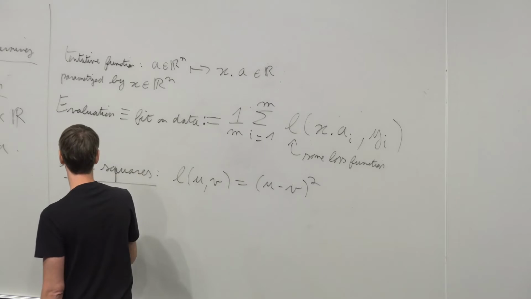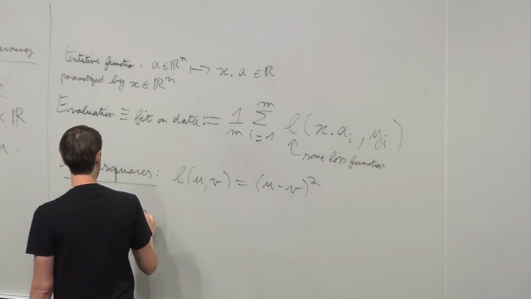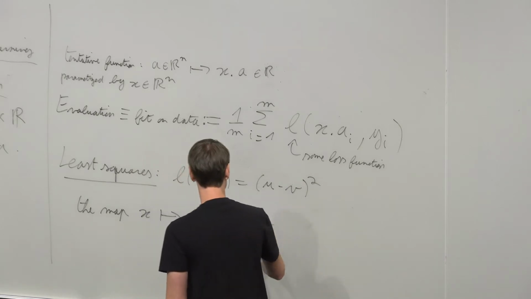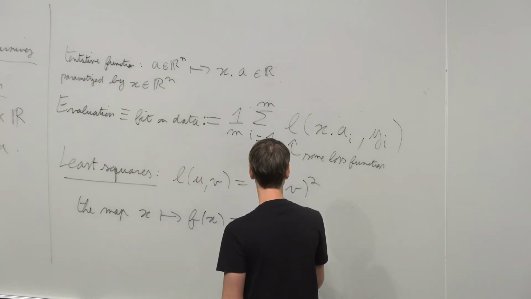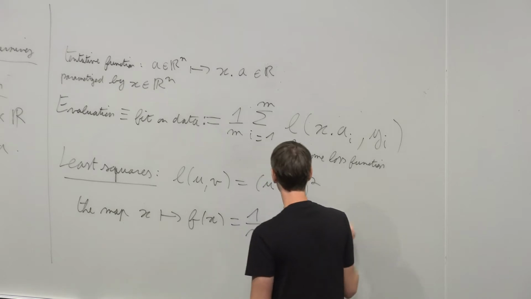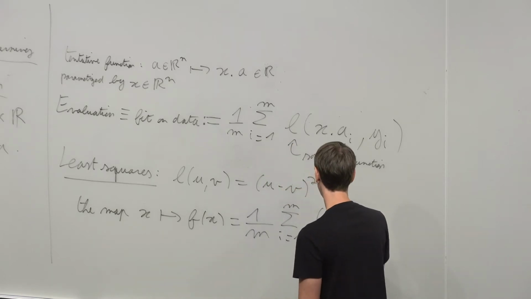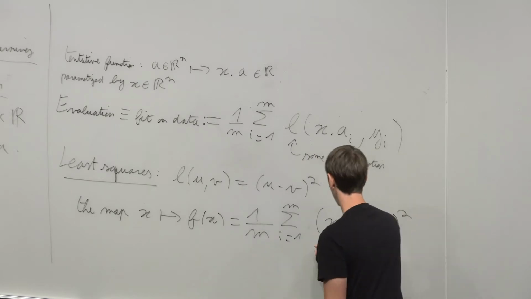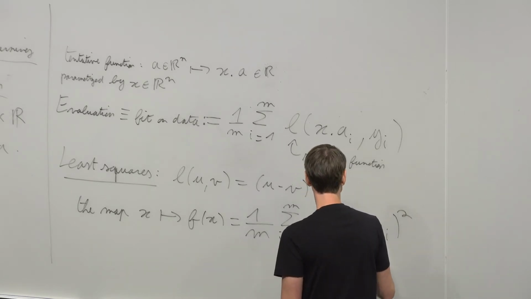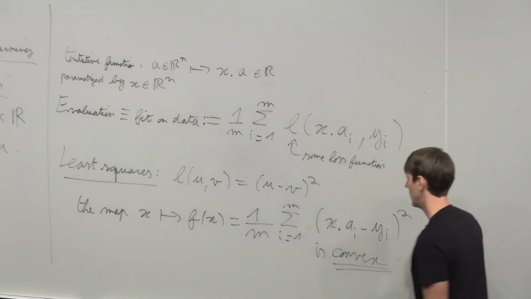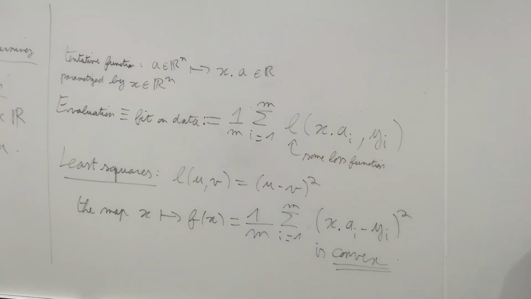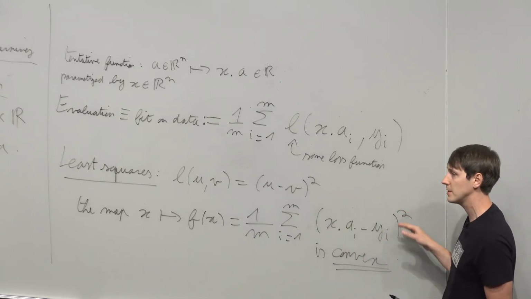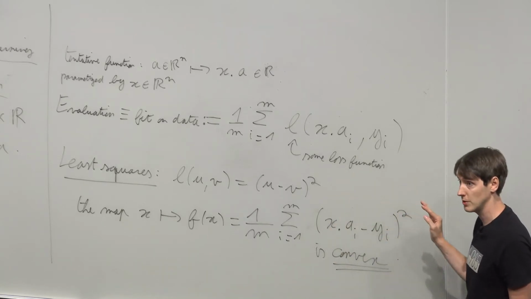The map x maps to f of x, which is the empirical loss, so 1 over m, the sum for i equals 1 to m of (x dot ai minus yi) squared, is convex. So this is a convex function. Trying to find the best linear function that fits my points, where the fit is evaluated with least squares, is a convex function.